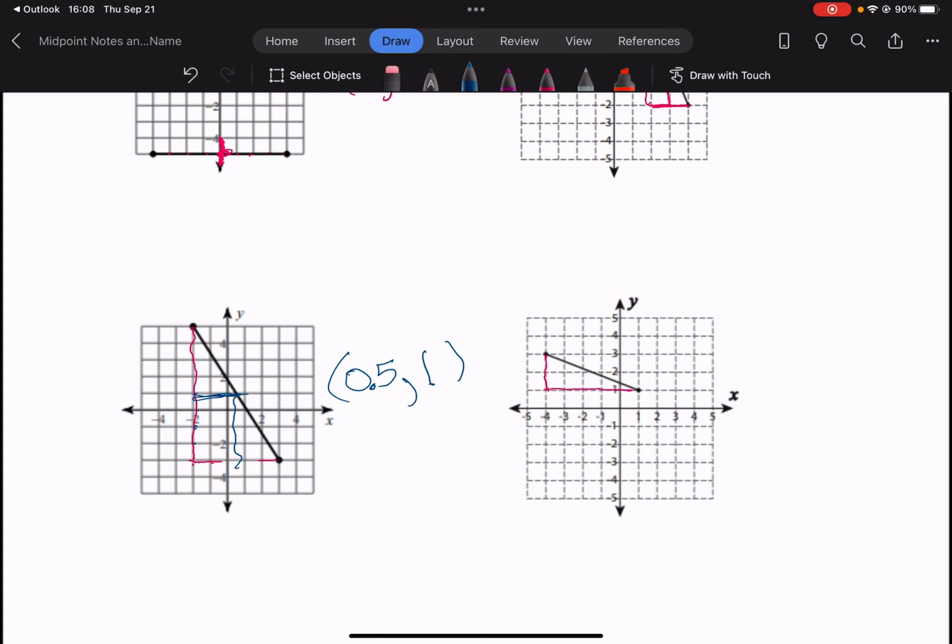Okay. Yes, we cut that in half, so we have 5. So once again, you come over 1, 2, and a half. Now, you go down and you look between. What's between negative 1 and negative 2?